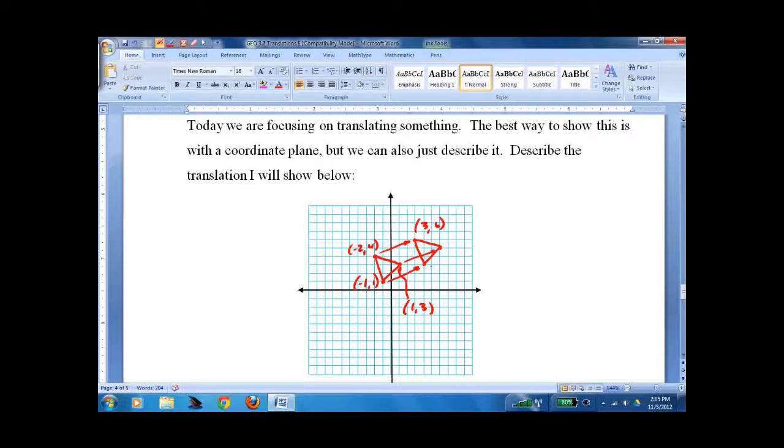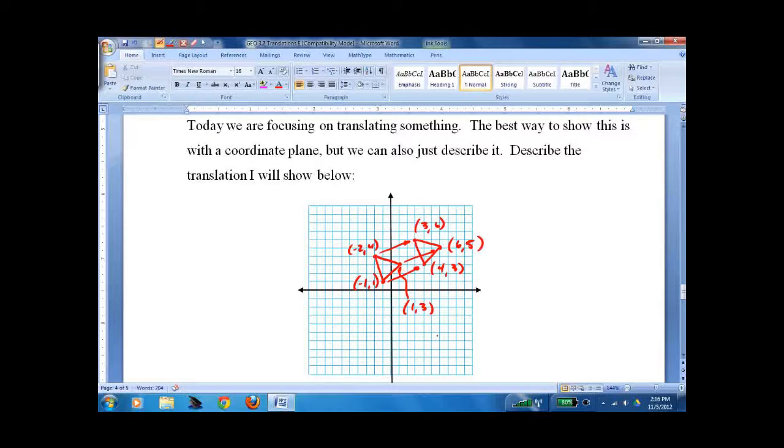So finding the point is pretty easy. I just read them off the coordinate plane. I don't really even try and mess with what's going on. Be 5.